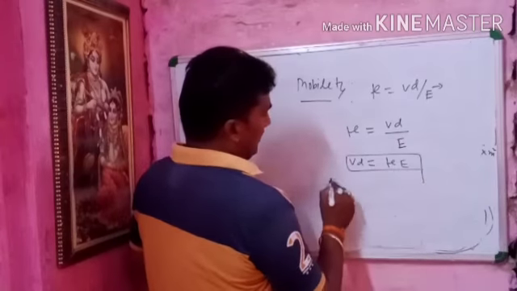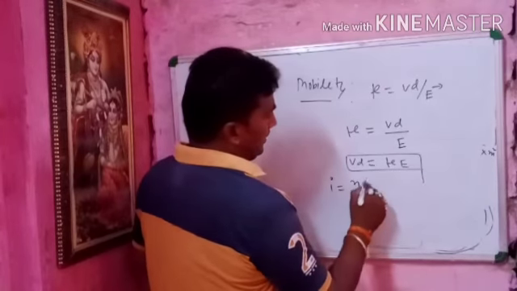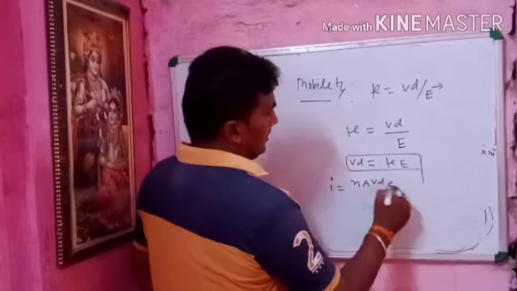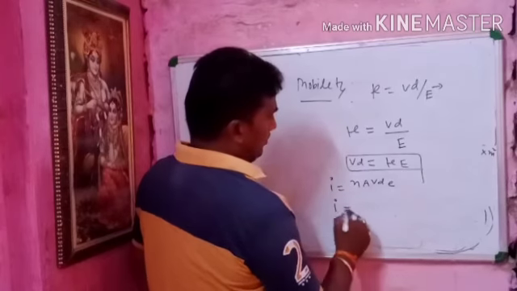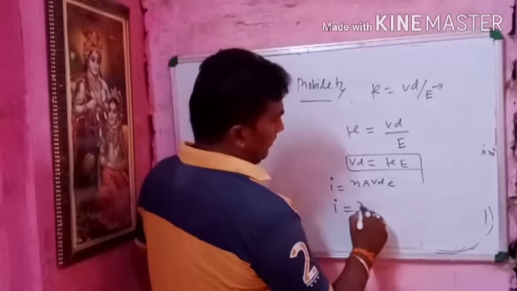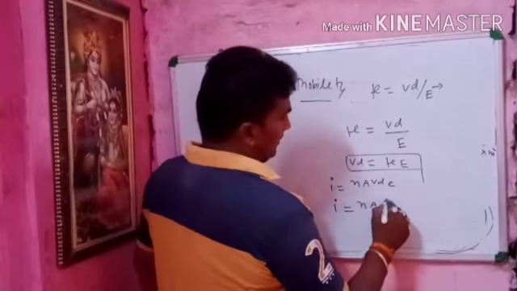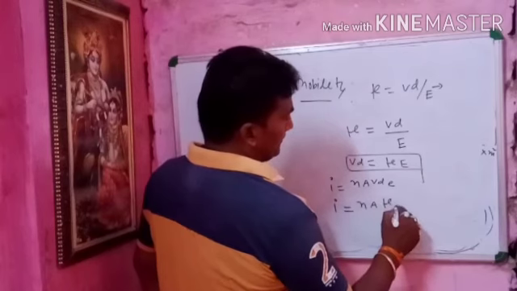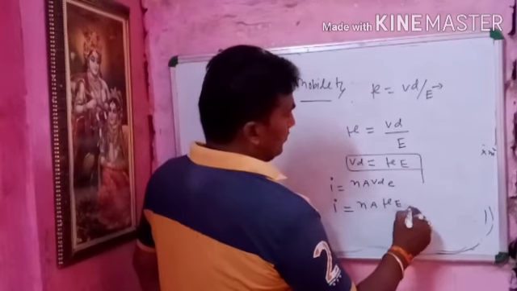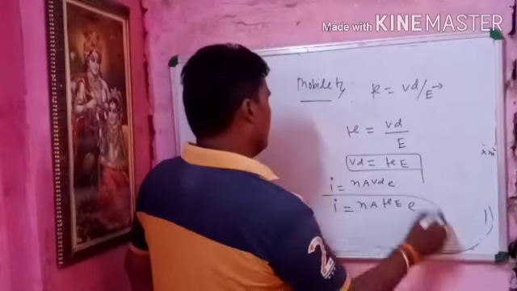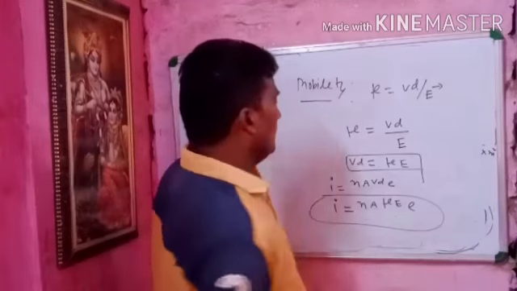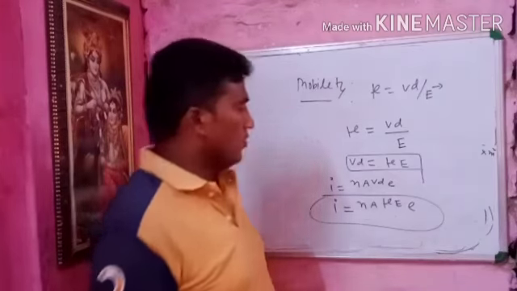The relation for the current I is equal to N A Vd e. Therefore, I is equal to N A, we put the value of drift velocity, mu E, into e. Mu is the mobility, and E is the electric field.